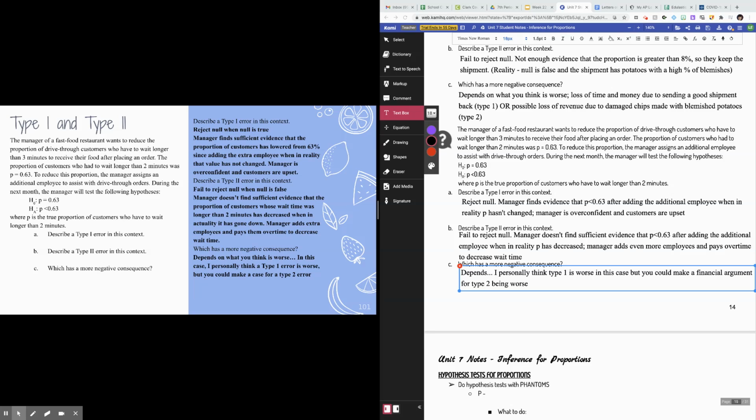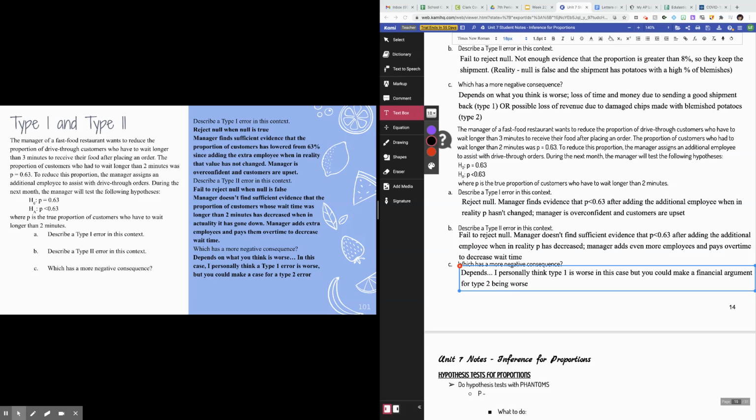reduce that proportion. So a type 1 error in this case would occur when the manager rejects the null and goes with the alternative hypothesis instead. So the manager finds evidence that the proportion is less than 0.63 after adding that additional employee, when in reality, the null is true and the proportion has not changed.